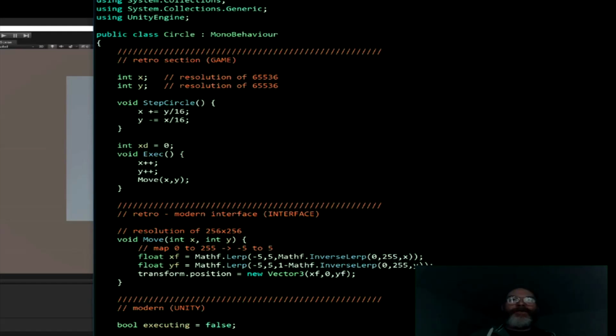The point is, though, that I need to map from one to the other. This inverse lerp here created a number between 0 and 65535. There we go.